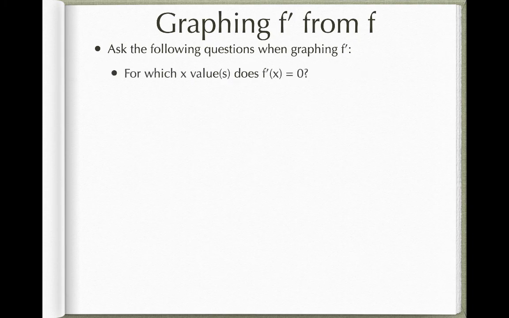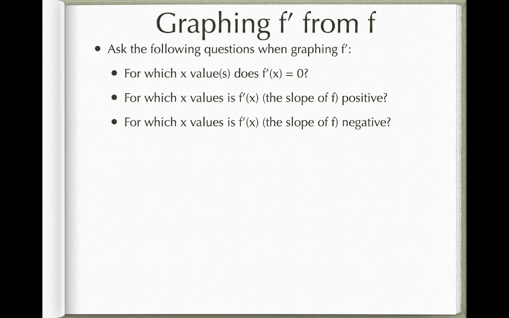It says graphing f prime from f. So when you're graphing f prime, we always want to look for a couple of different things. For which values does f prime of x equal 0? For which x values is f prime of x, the slope of f, positive? For which values is the slope going to be negative?